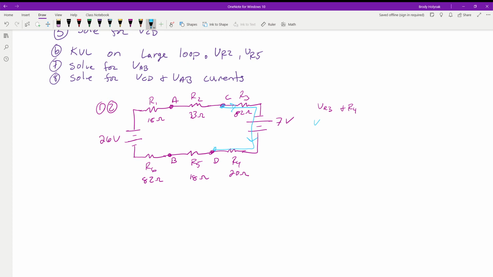So our VC to D, and not the final one, but in this circuit, our VC to D is going to be the voltage of R3 minus 7 volts plus the voltage of R4. And to be able to find this, we need to find our R total in this step. So our total is R1, R2, 3, 4, 5, and 6 all added together.